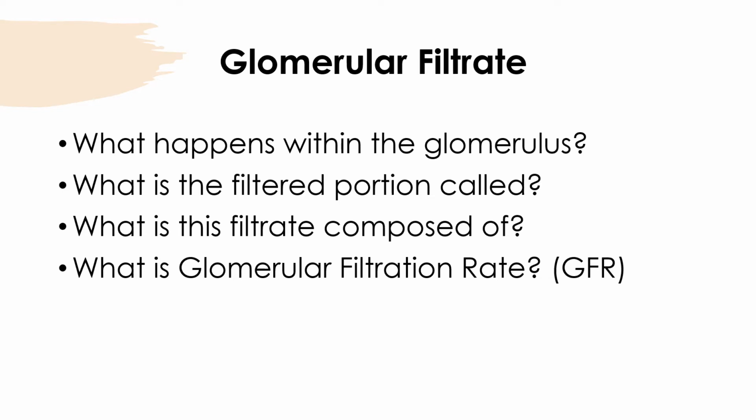And what is this filtrate composed of? This filtrate is like the composition of blood, except that it lacks blood cells, platelets, and large plasma proteins. Under normal conditions, capillary pores are too small to allow the loss of these large blood components.